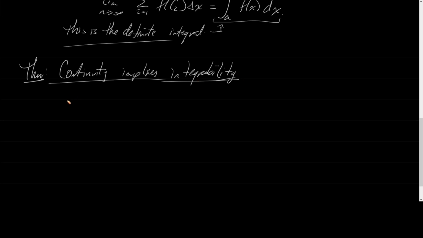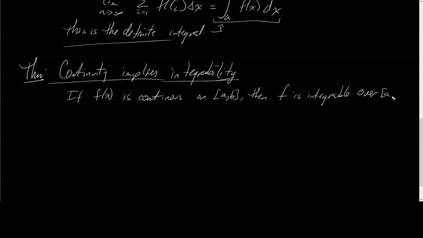So in other words, if f of x is continuous on the closed interval [a, b], then f is integrable over [a, b]. Right? And what does that mean? That the integral from a to b of f of x dx, remember this is a limit, exists. So we're saying the limit actually exists.